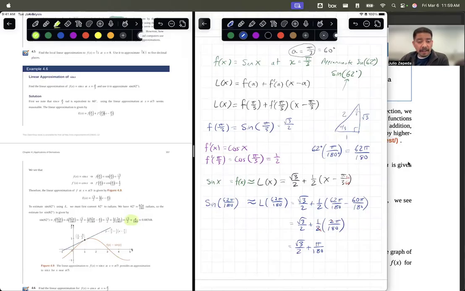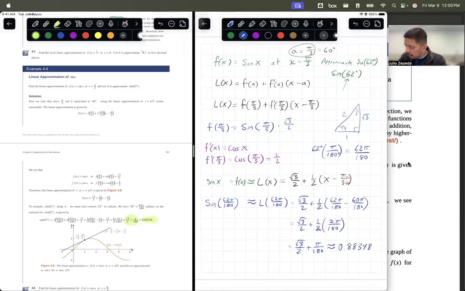Pi, we can calculate to quite a few decimal places if we have that memorized. And so we can compute this value here, and we get approximately 0.88348. So let me write that down. This is approximately equal to 0.88348.